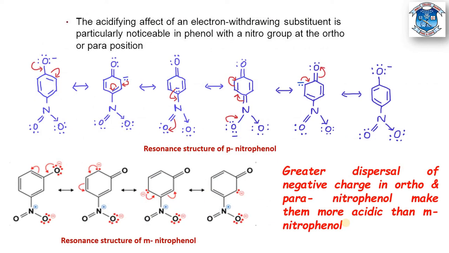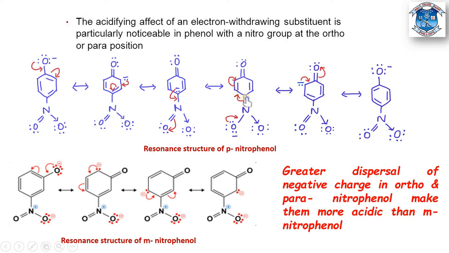Now among the electron withdrawing groups, for example, consider the case of nitrophenols. Among nitrophenols, para-nitrophenol and ortho-nitrophenol are more acidic than meta-nitrophenol. So here you can see the resonance structures of para-nitrophenol.